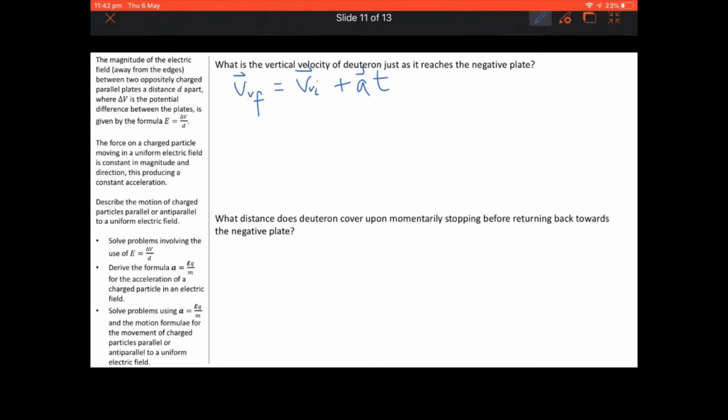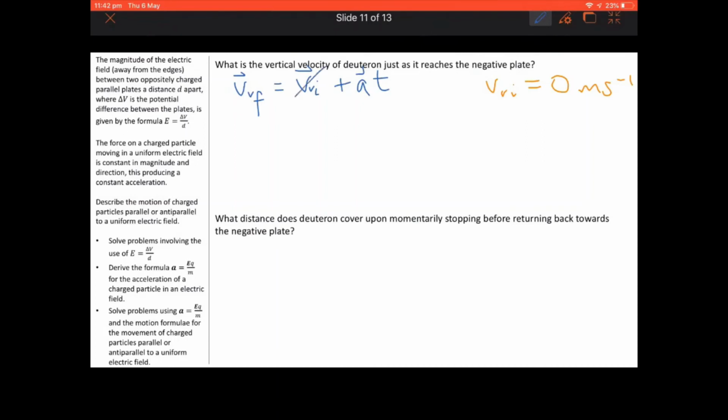So in this situation, the initial velocity is going to be 0 because of that momentary pause before it switches its direction of motion and comes back towards the negative plate.